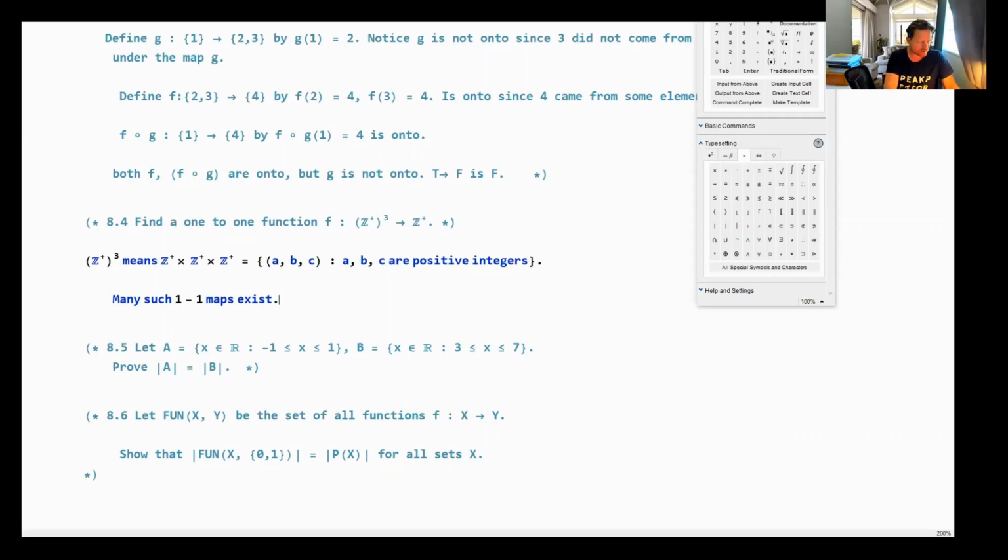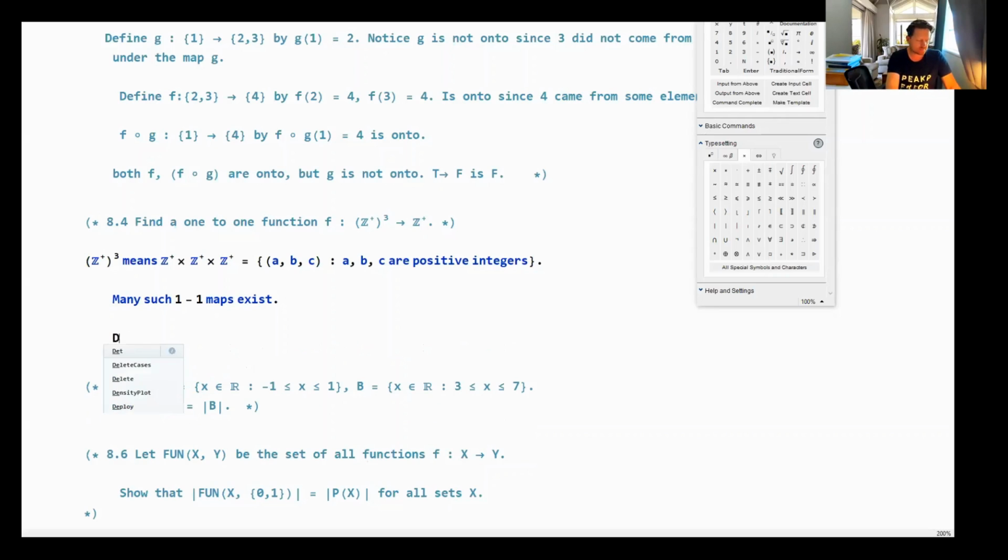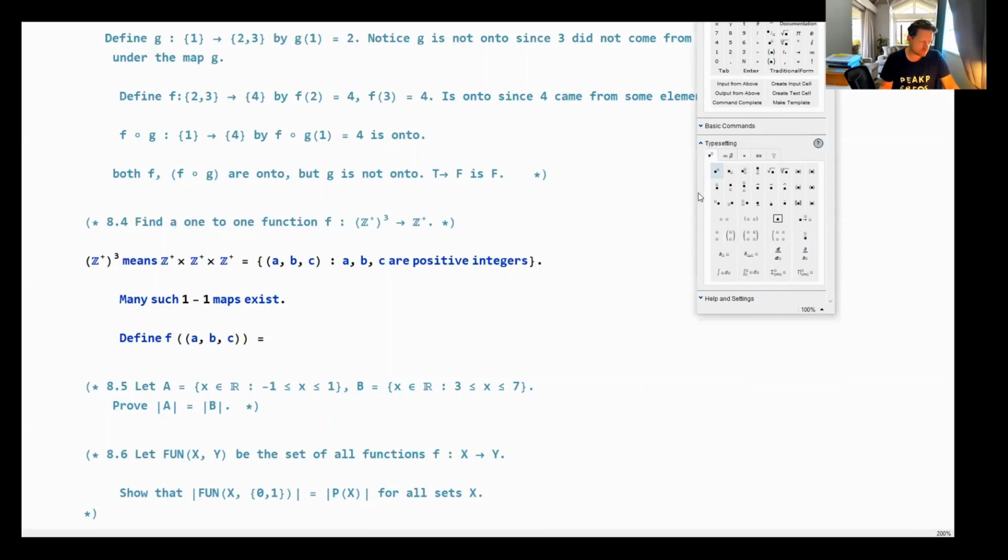So what we can do is take primes to respective powers and define that as the map. We'll define f of the triple A, B, C equal to 2 to the power of A times 3 to the power of B times 5 to the power of C. Because of the fundamental theorem of arithmetic, you could basically choose any 3 primes and define such a map. Okay, so now let's show that this map is one-to-one.